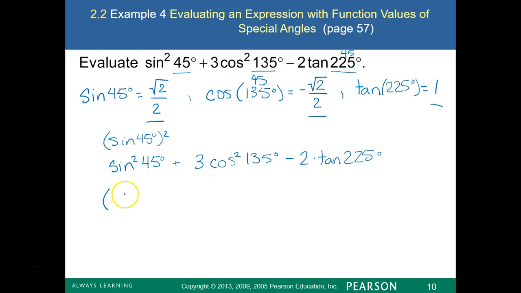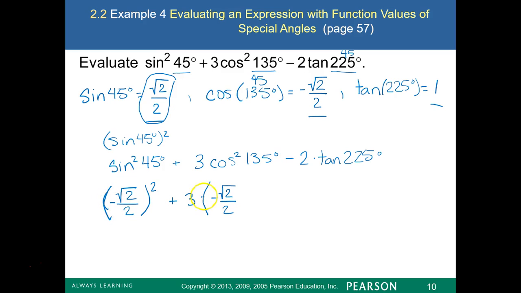So in here, sine 45, plug this in. So square root 2 over 2, and square it. Add 3 times the cosine value of 135 degrees, which is, again, negative square root 2 over 2.